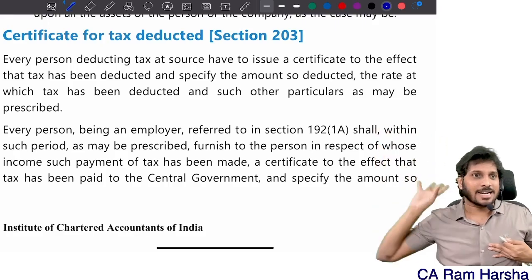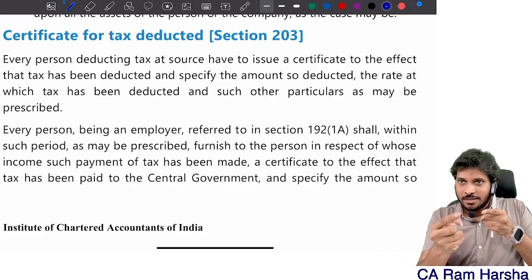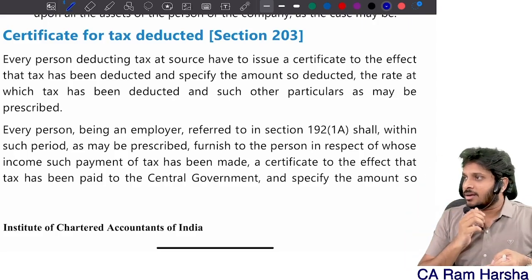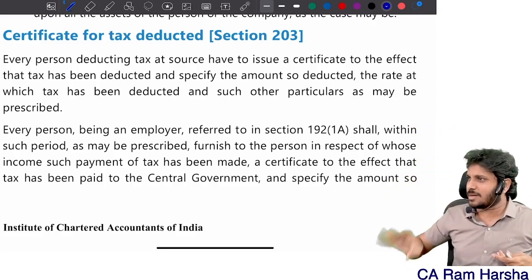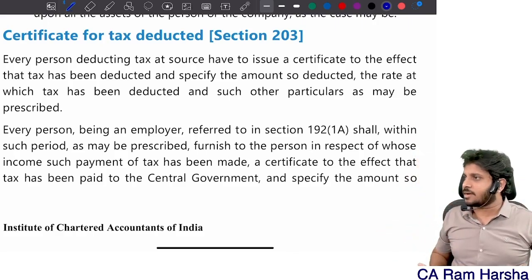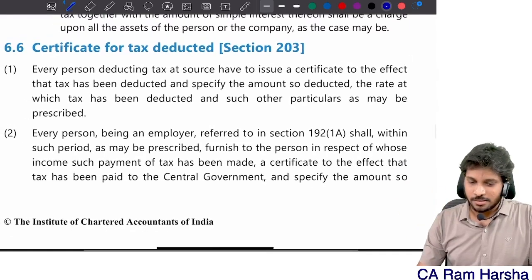Disallowance itself will not attract. When will disallowance attract? If the person is liable to deduct and fails to deduct, or deducted but failed to remit. If, for example, I paid a professional fee where the section itself is not applicable, will disallowance under 40A apply? No. Are you clear? That's it.